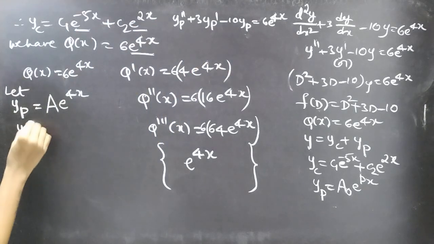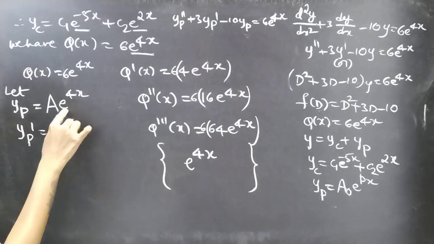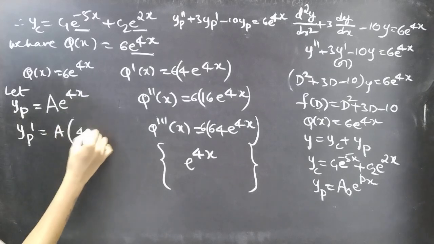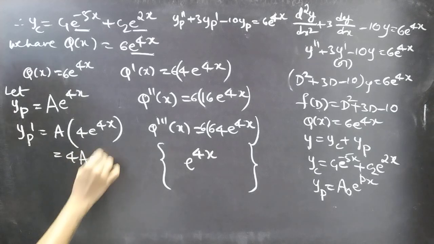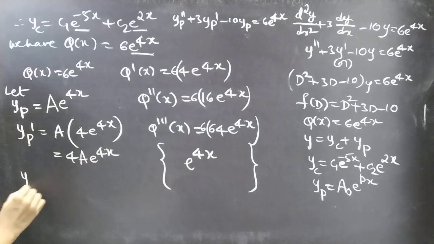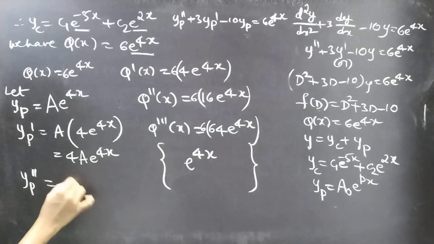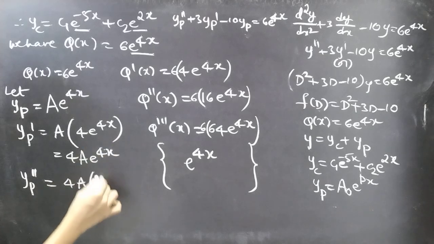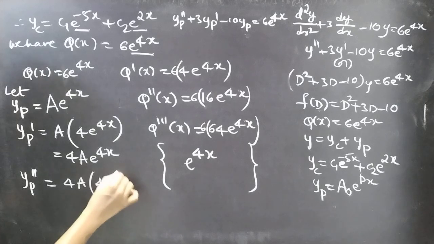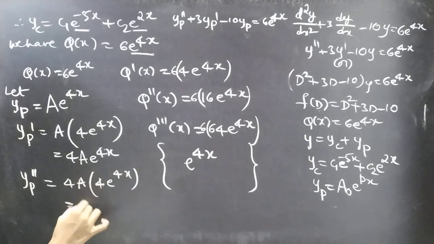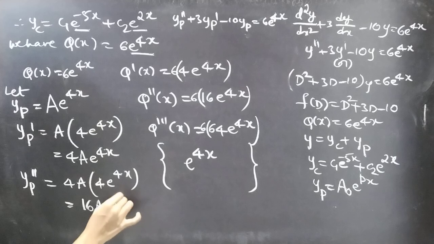Let's find yp dash equal to a times the derivative of e power 4x, which is 4 e power 4x, which gives us 4a e power 4x. Now find yp double dash. This equals 4a times the derivative of e power 4x, which is 4 e power 4x, which gives us 4 fours are 16a e power 4x.